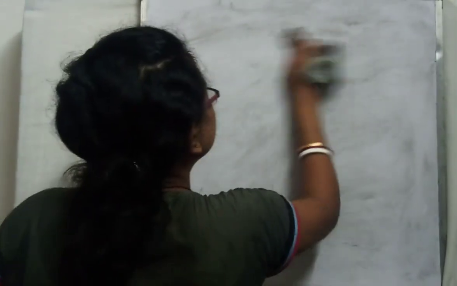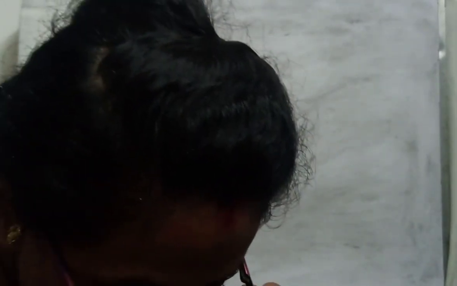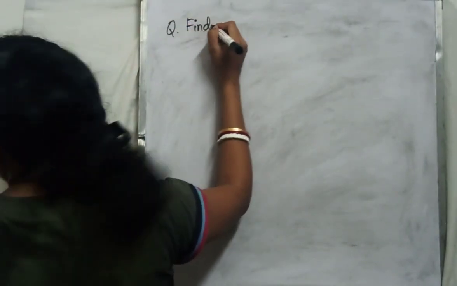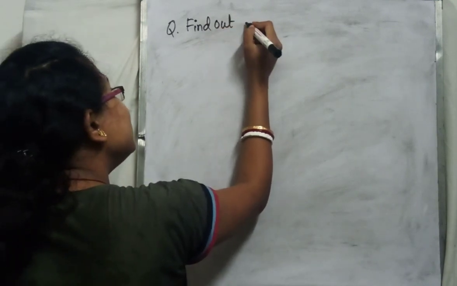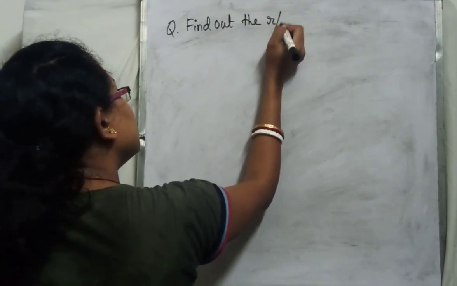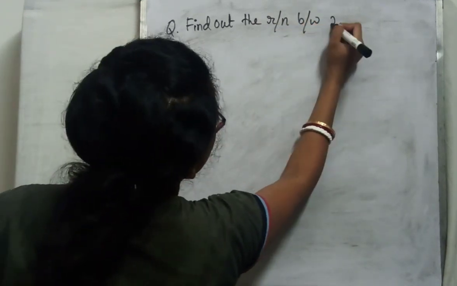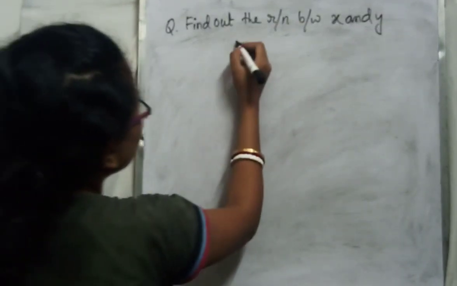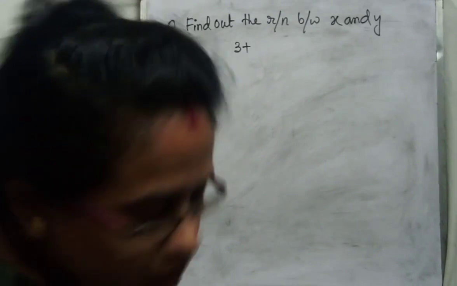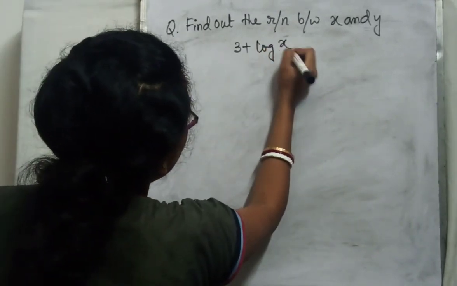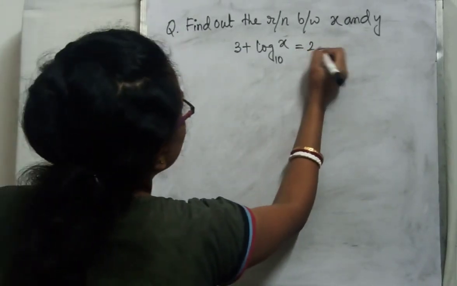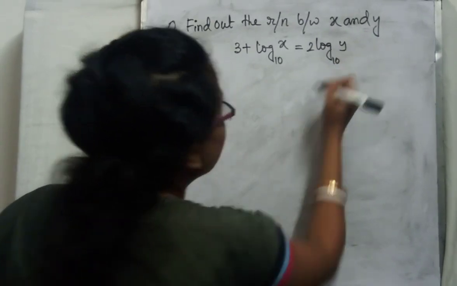Okay, so find out the relation between x and y from 3 log x base 10 equal to 2 log y base 10.